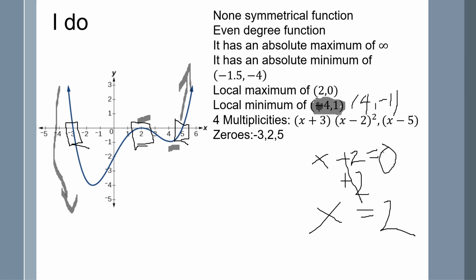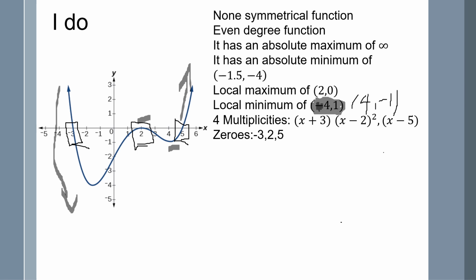So before we continue, let me give you a little bit more detail. All right? So we can get through this. We notice that the zeros are -3, 2, and 5, right? So when you're dealing with multiplicities and when you're looking at the graph, you have to look at how the graph is acting.